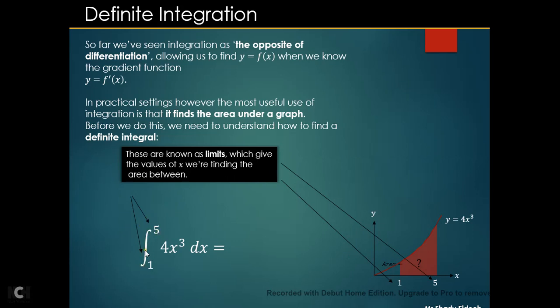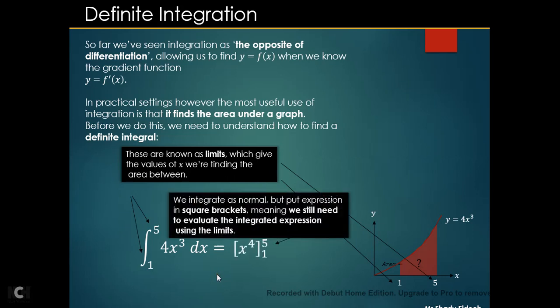This is the symbol of integration, but we will write the limits like that, from 1 to 5, 4x^3 dx. And we integrate as normal, but put the expression in square brackets like that, from 1 to 5, meaning we still need to evaluate the integrated expression using limits.